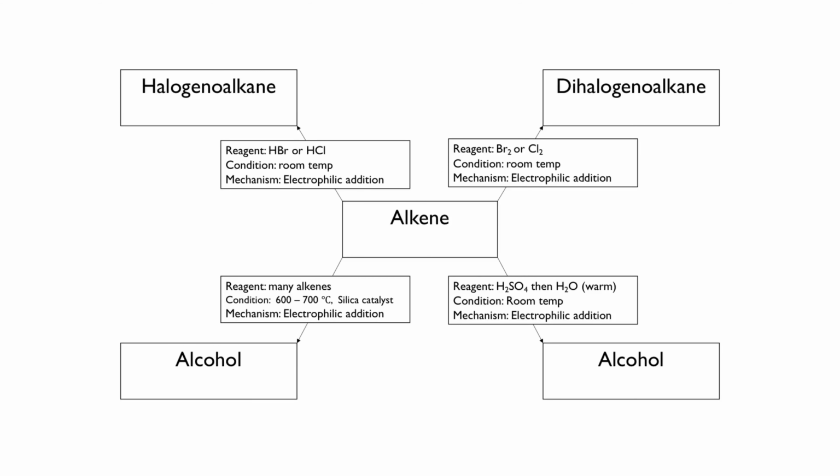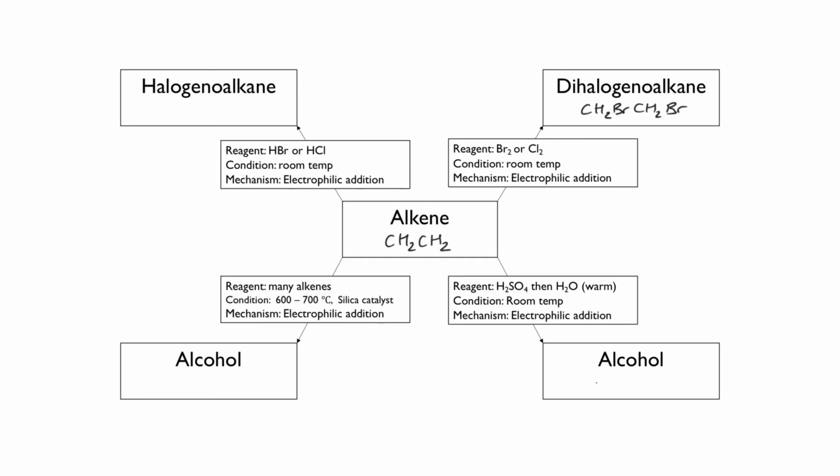So, summary. We've got an alkene such as CH2=CH2, ethene. We can go one way and make a dihaloalkane such as CH2Br-CH2Br. The reagent for that is bromine or chlorine, at room temperature, and it's electrophilic addition.